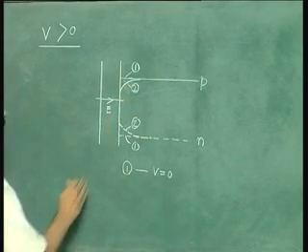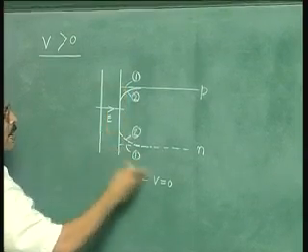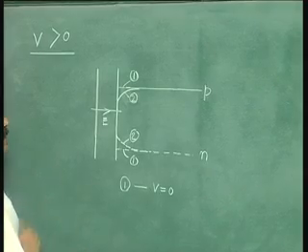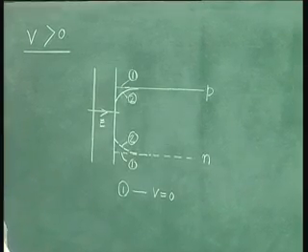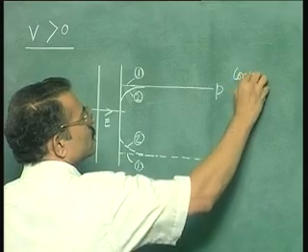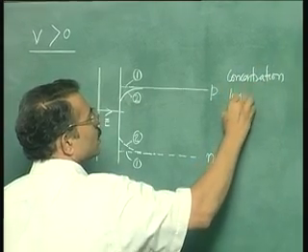As we have discussed earlier, even under applied bias the semiconductor is under equilibrium, therefore P into N is always equal to Ni square. So this is concentration on a log scale.